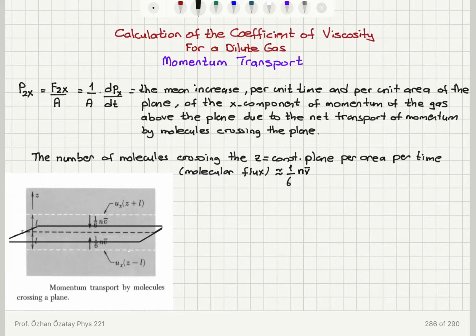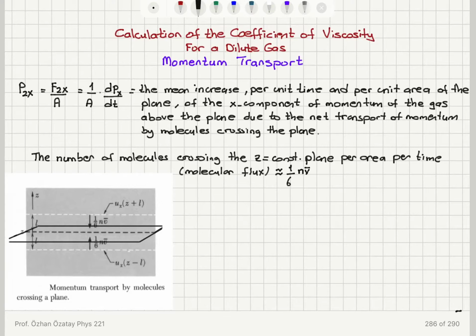Once again, this is the approximation we used at the beginning of our discussion in chapter 1, and also this came up again when we talked about the molecular beam apparatus.